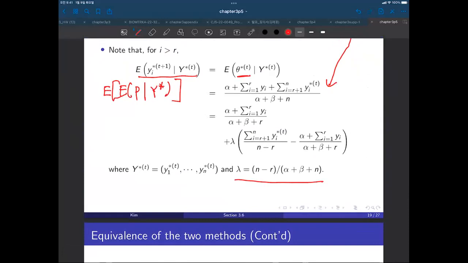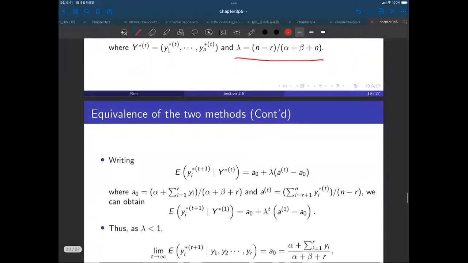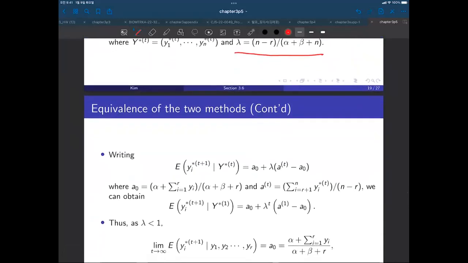You have a transition from t to t plus 1, and you can write the conditional expectation as something like this. Then this is a sequence, and you can take the limit, because this lambda is less than 1.